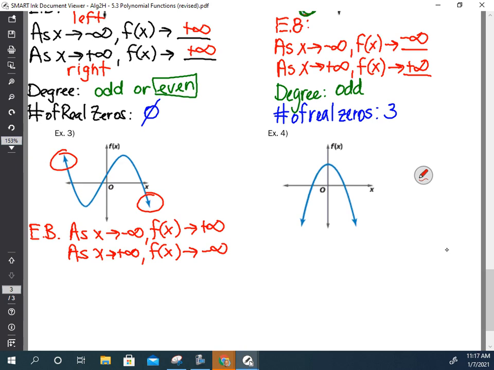Bingo. What's the degree? Is it odd or even? That's odd. And how many real zeros do we have? Three. One, two.